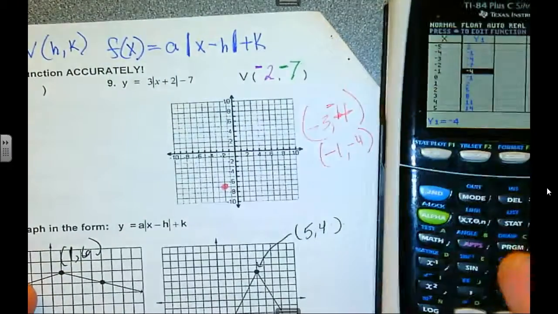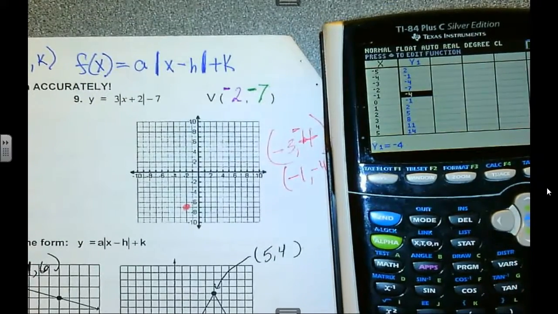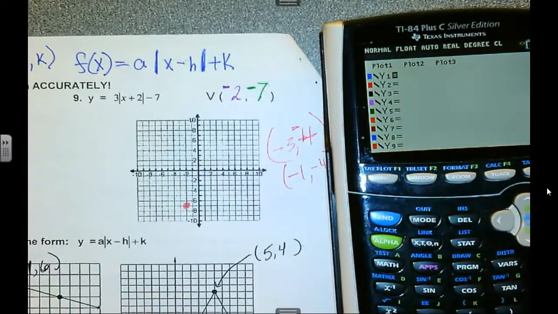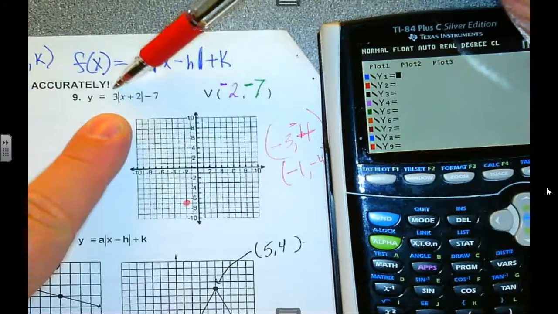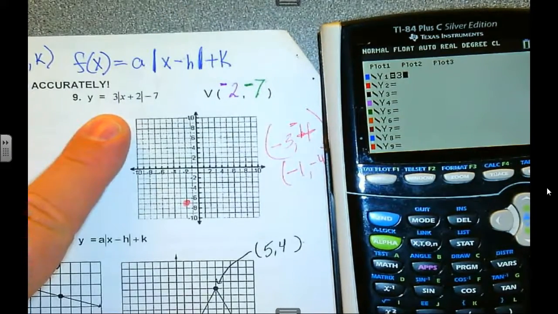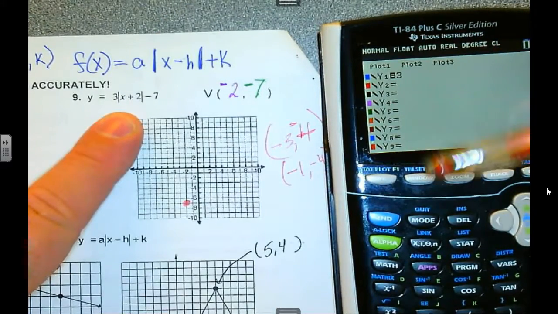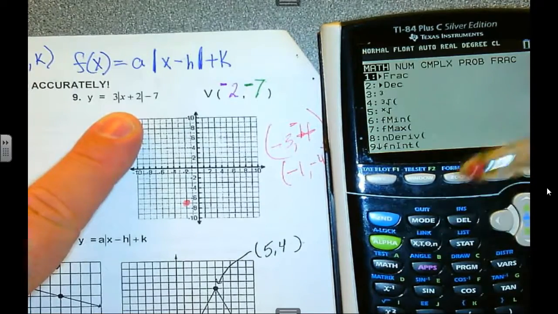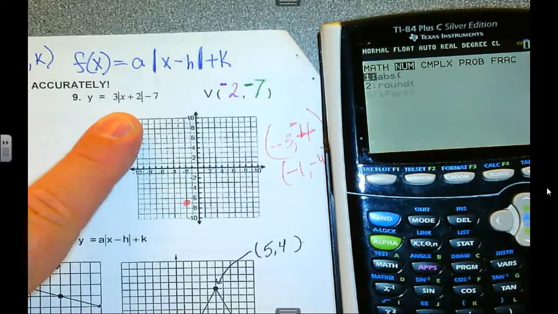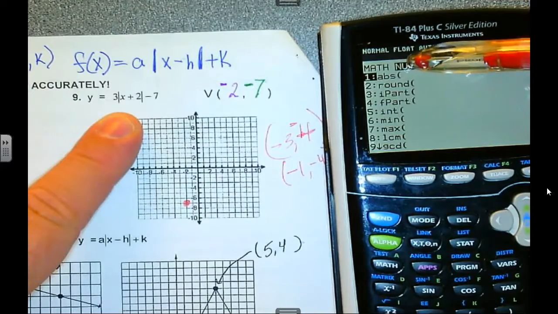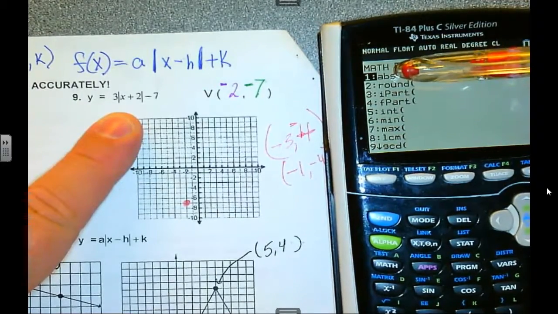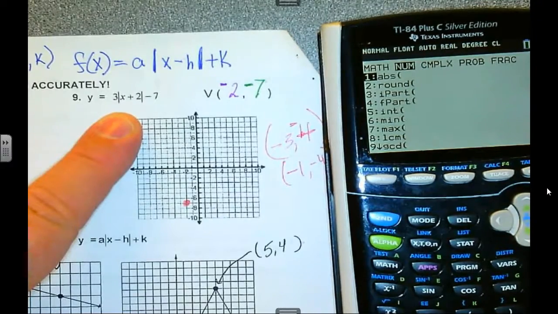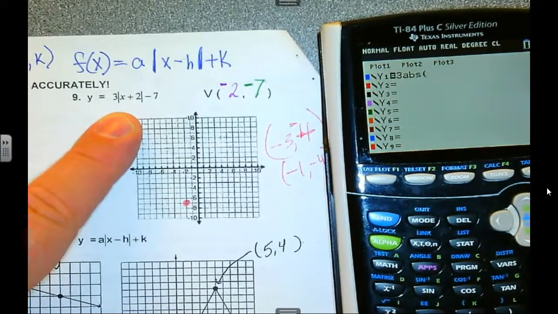Okay, here's how I did it in my calculator. Go to your y equals. I put in this equation, 3. Now for the absolute value, hit the math key and use your arrow key to go to NUM, numerical. The first one is ABS, absolute value. Just hit enter.